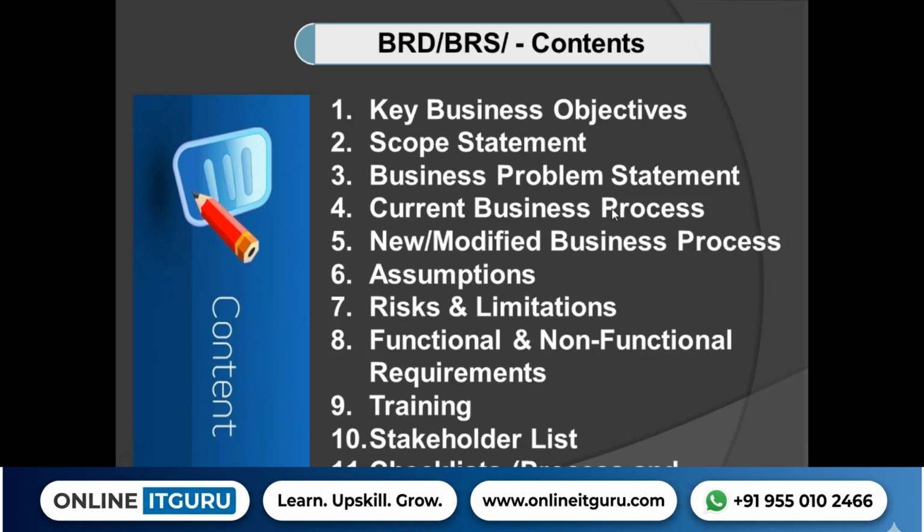Under this section, if you feel there are any risks and limitations with this project, then we are going to mention them. For example, risk. Risk is nothing but in case you are misplacing your ATM card, then there may be chances that some other person can hack your password and he can take money from your account. That is one kind of risk.